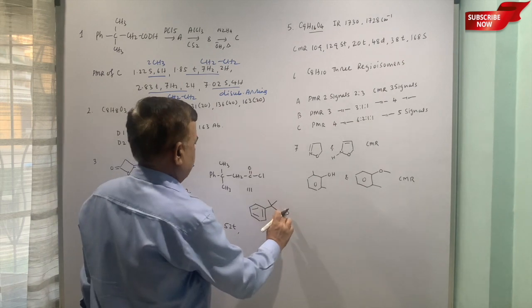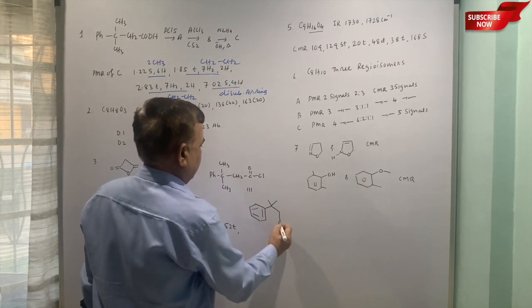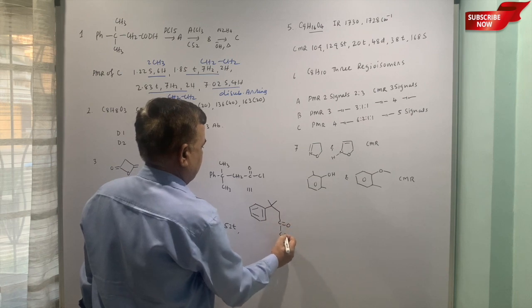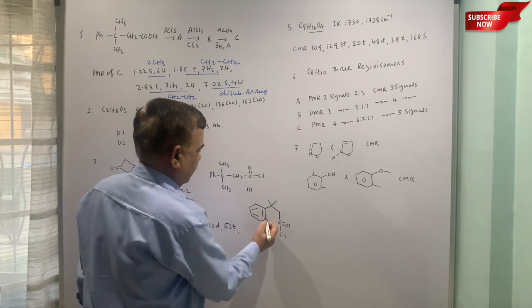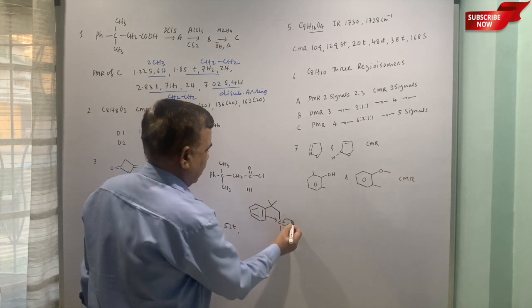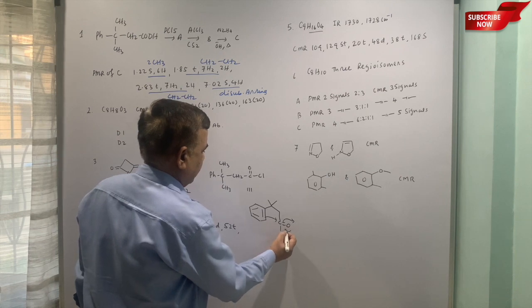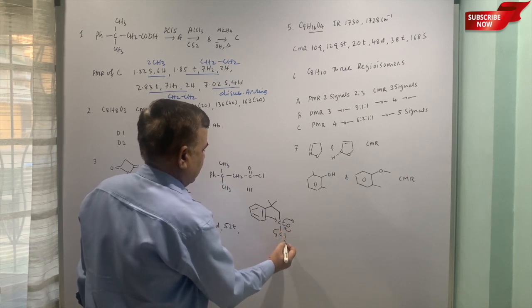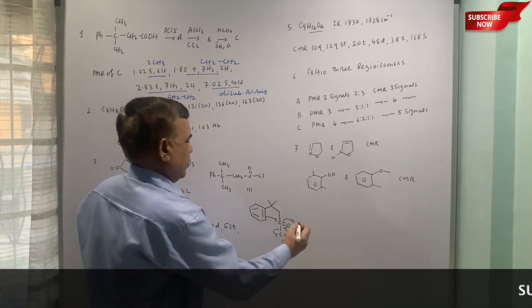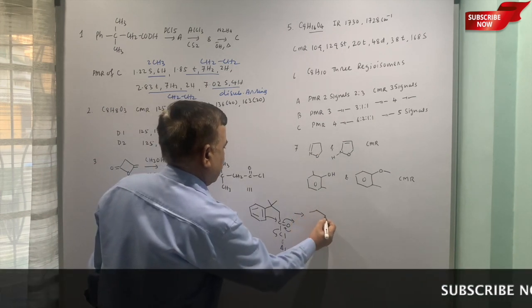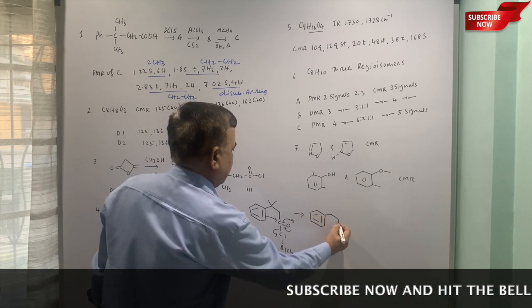CH2 is there, so let me put CH2 here, CH2 C double bond O Cl, the same compound. Then with aluminum chloride you can get this. This goes up because it complexes with aluminum chloride, and this is a Friedel-Crafts acylation reaction. I am putting the product directly.